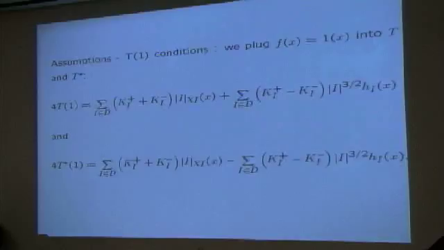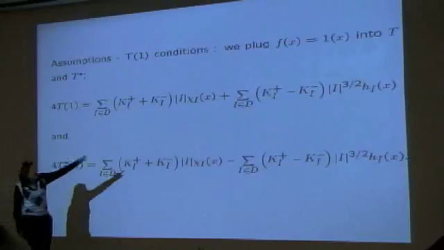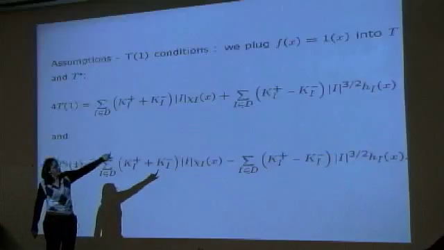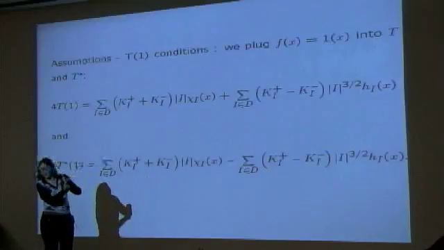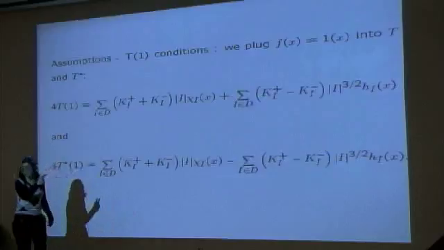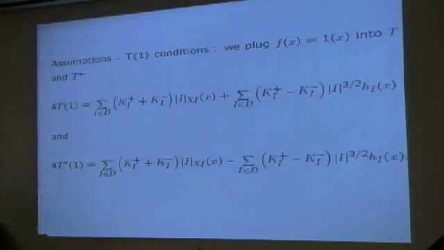Notice that the only difference between T of 1 and T star of 1 is that it's positive there and negative over here. So in one case, this second sum, which will be just one term after we dot, will be with positive sign, and in the other case negative.